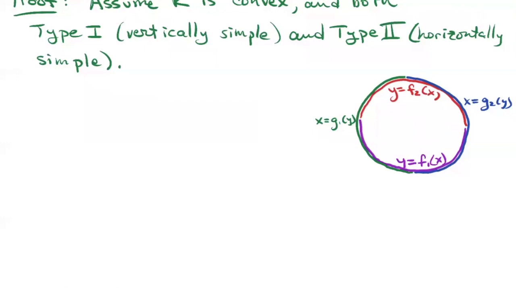And basically curve C can be divided up two different ways.